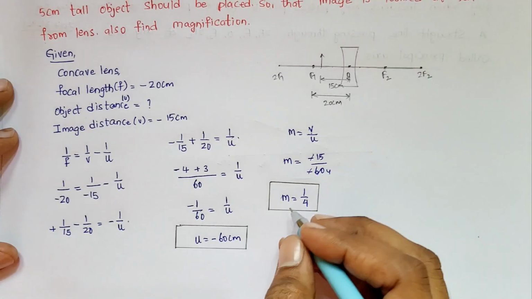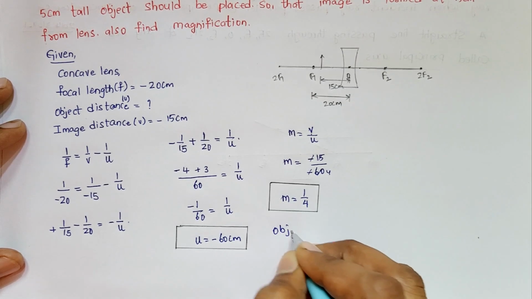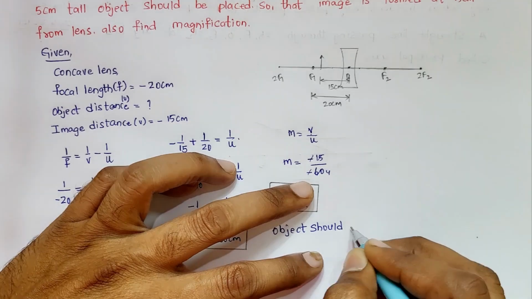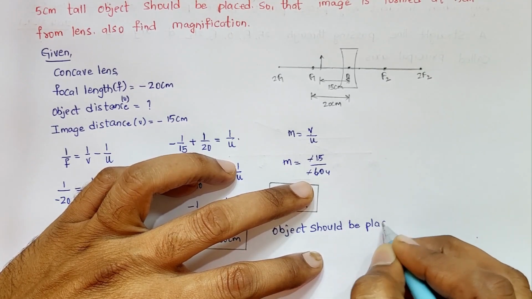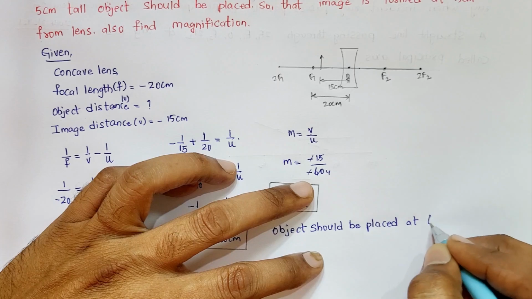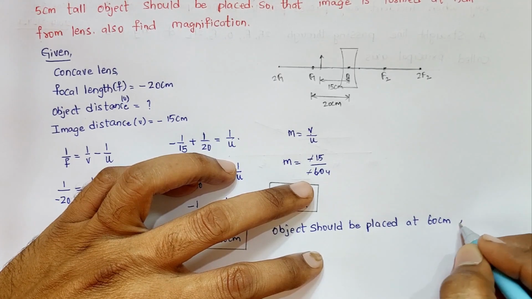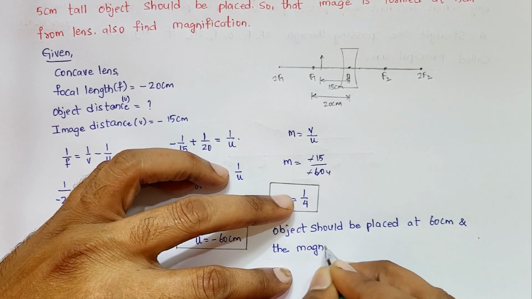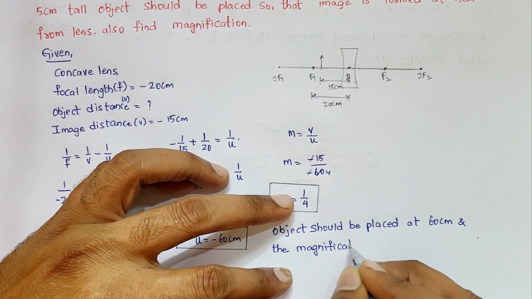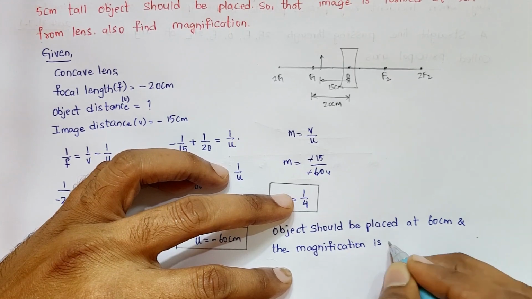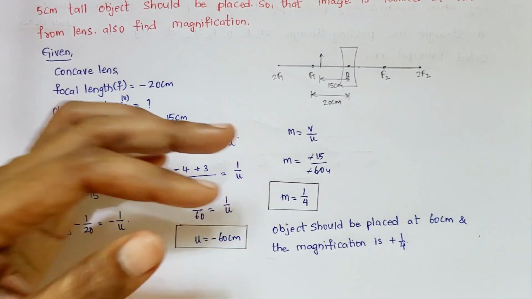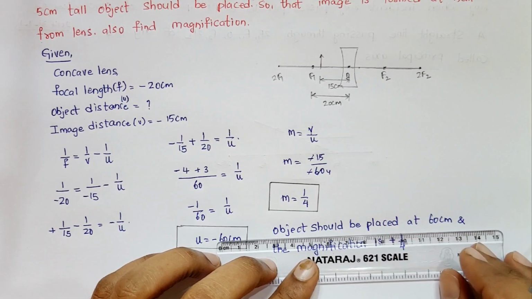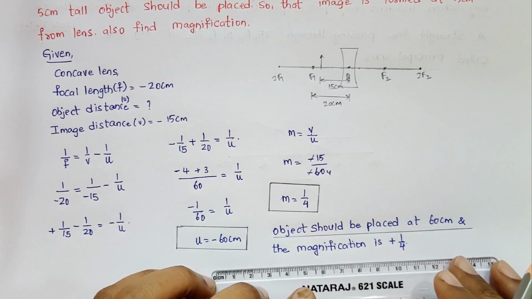So the object should be placed at 60 centimeters and the magnification is plus 1 by 4. This is the concluding statement of the question. So this is how you need to answer a question asked in the board examination.